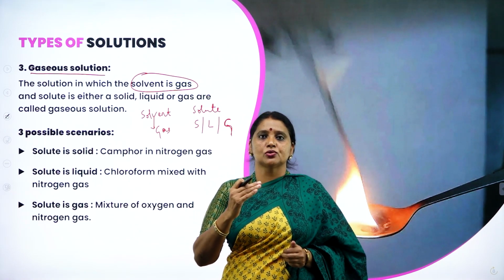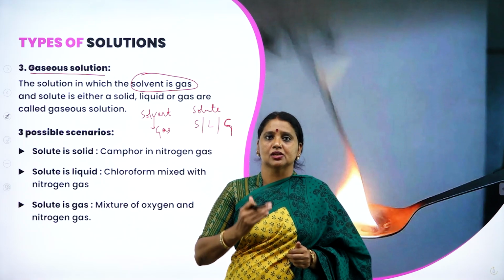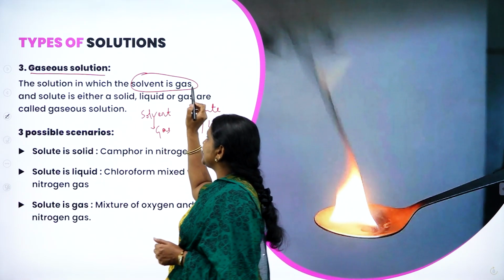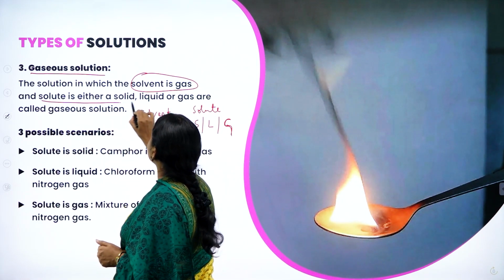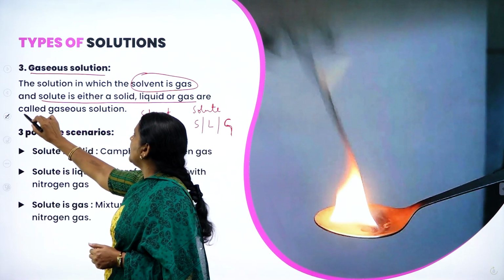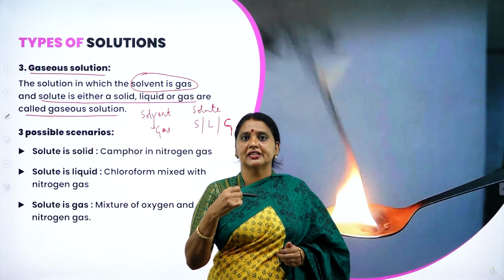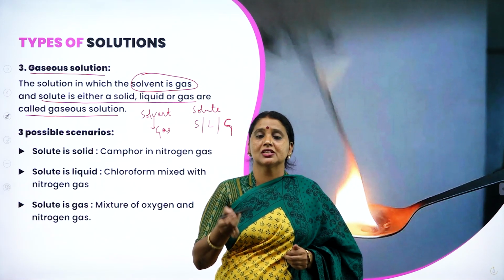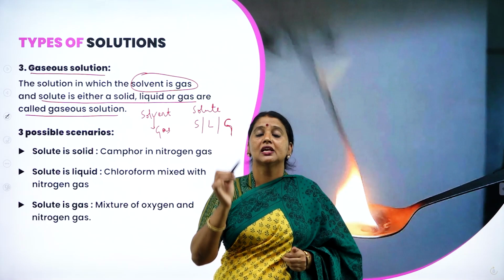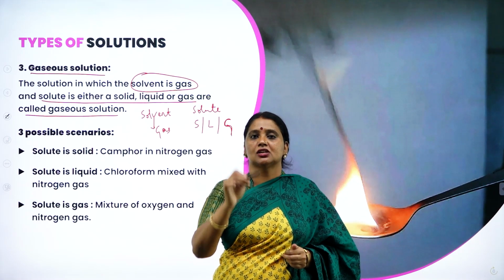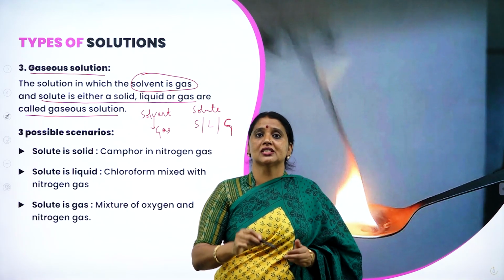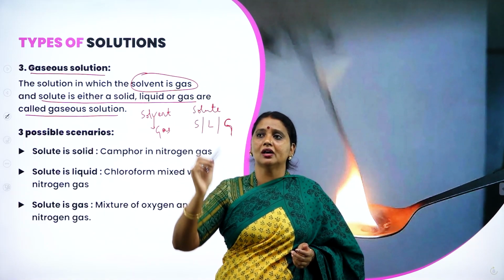Gaseous solutions are the solutions in which the solvent is gas and the solute is either solid, liquid or gas. Once again, my dear student, what are gaseous solutions? Gaseous solutions are the solutions in which the solvent is gas, solute is solid or liquid or gas.